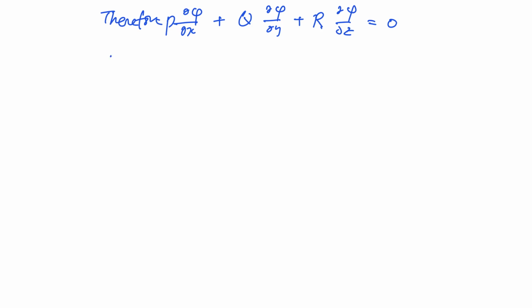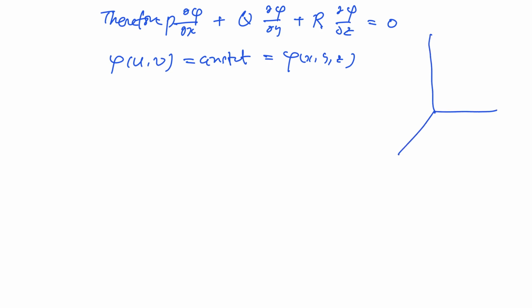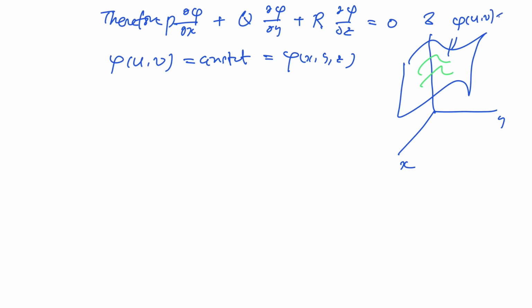So this is another solution surface, where u, v is constant. This is called φ(u, v) is constant.